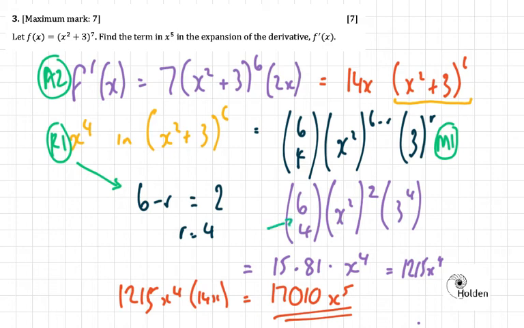Here, this bit is going to be worth a 1. Correct working, so again, expansion, an A1 here, so that's 2, 3, 4, 5, 6, and then final solution being a 1.